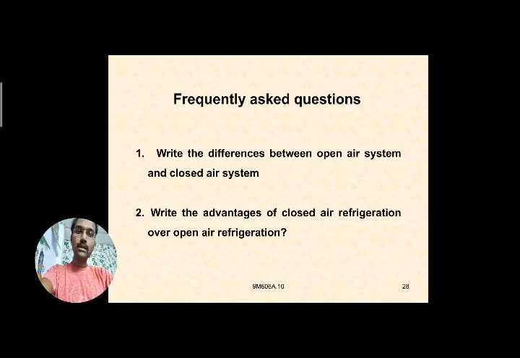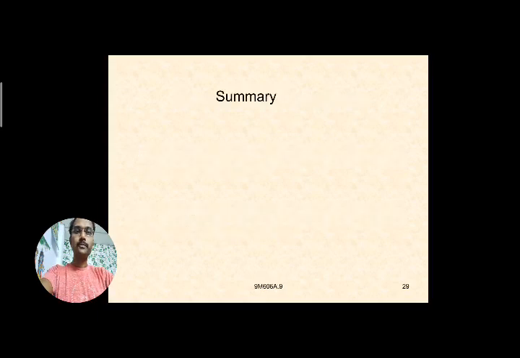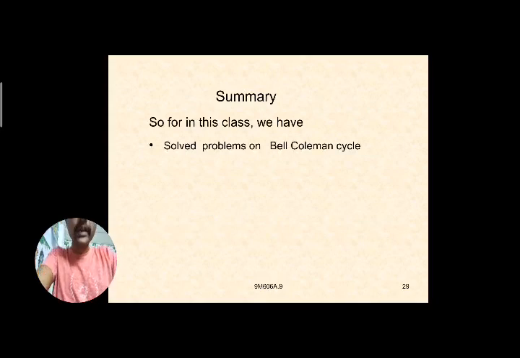And they may ask to write the advantages of closed air refrigeration over open air refrigeration. You can get the same advantages from the differences we have seen. A few numerical questions may also be asked. So whatever the models we have seen, you can practice them regularly. So I hope you have understood this video lesson.